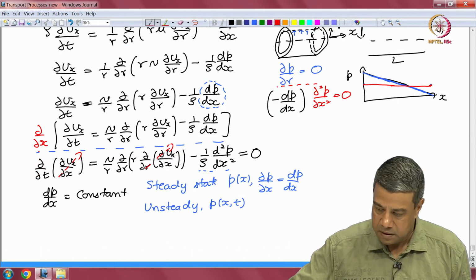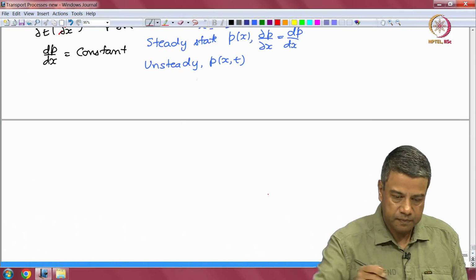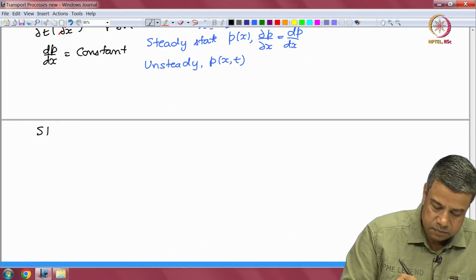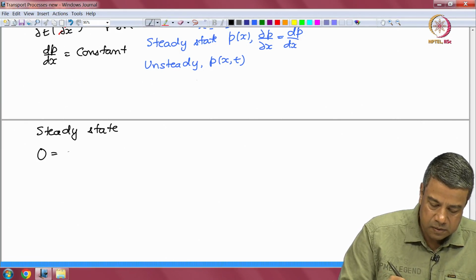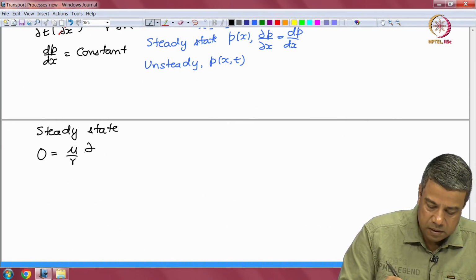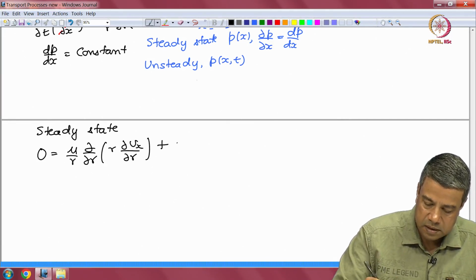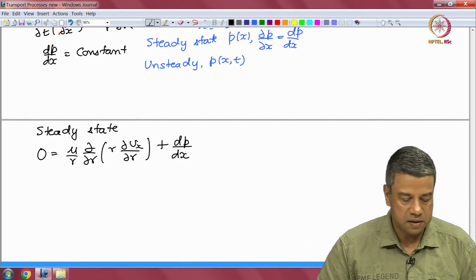So, let us now solve this equation at steady state. 0 is equal to mu by r d by dr of r partial Vx by partial r, plus dp by dx. Total derivative, because we are assuming there is no time variation, this is a steady problem.